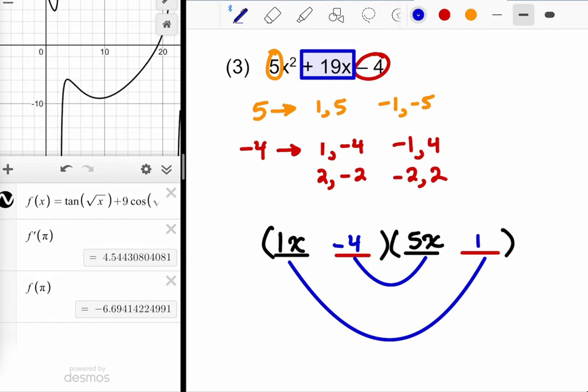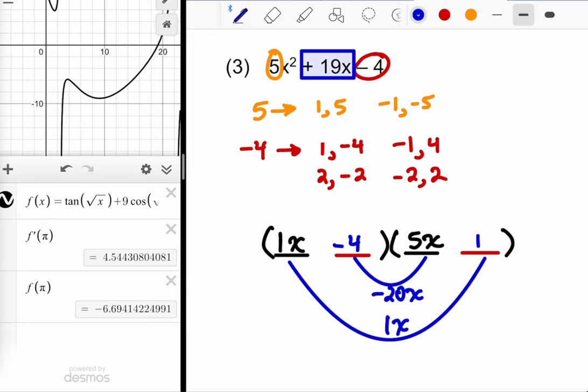But if I swap them around, I get something more reasonable, because 5 times 4 gives me 20. Now, it's the wrong sign, but it's stepping me in the right direction. So 1x times 1 will give me a 1x. Add these two numbers together, I would get negative 19. It's the exact opposite of what I want.